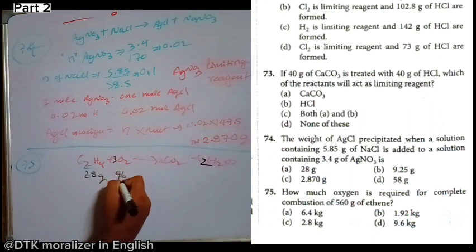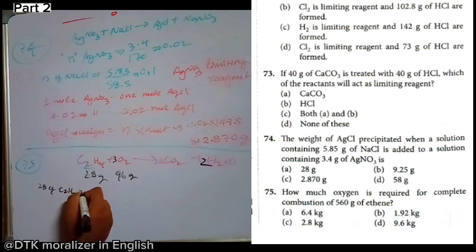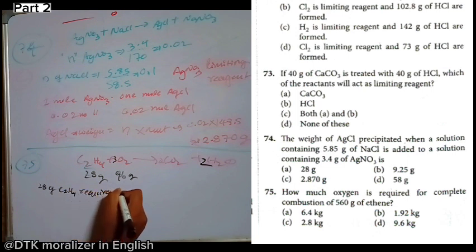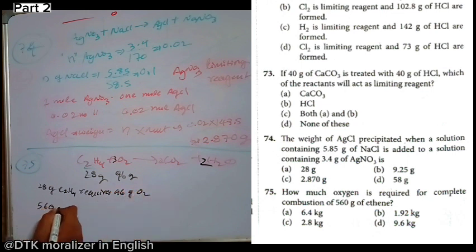Here this is 28 grams. Here 28 grams of ethene requires 96 grams of oxygen.